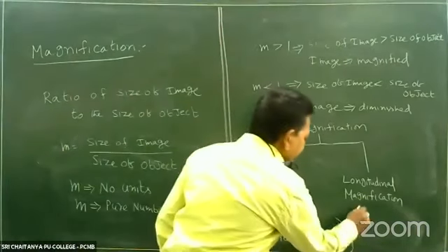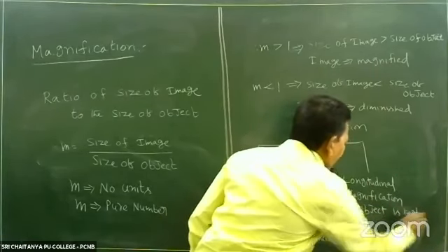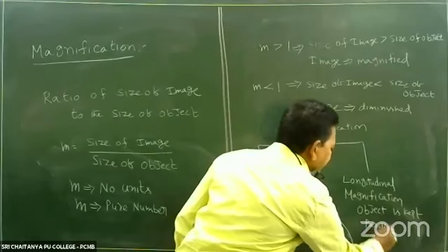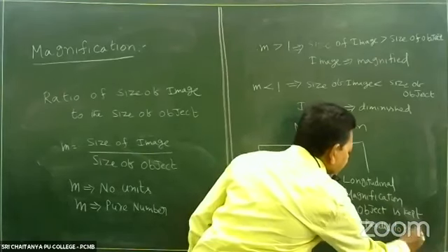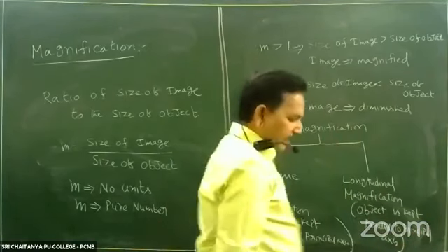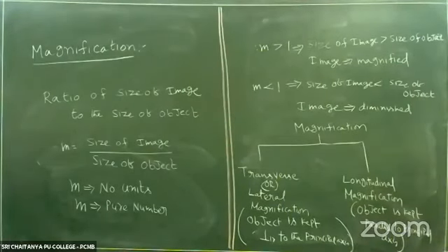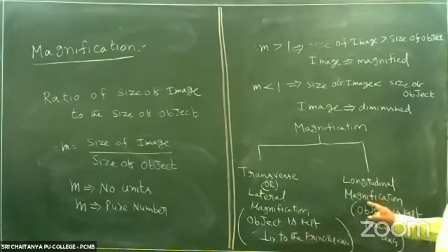Longitudinal magnification, the object is kept parallel to the principal axis. How can the object be placed? In one case, kept perpendicular, or it is kept parallel to the principal axis. So two types, lateral magnification and longitudinal magnification. We have to derive the expression for this one, and for this one also.